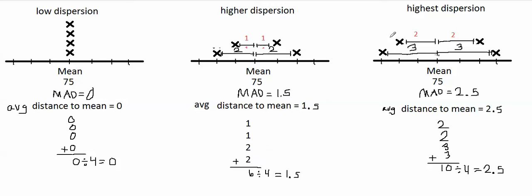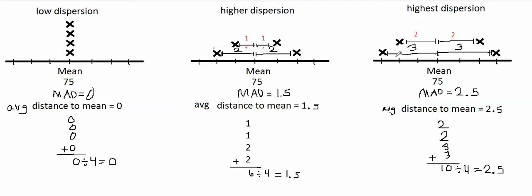When we go here, instead of being 1s and 2s like they are here, the absolute deviations are now 2s and 3s. They're now 2, 2, 3, 3. So the absolute deviations have gone up over here. And since they've gone up, the MAD has gone up. It's gone up from 1.5 to 2.5, because these absolute deviations have a higher average than these absolute deviations do.